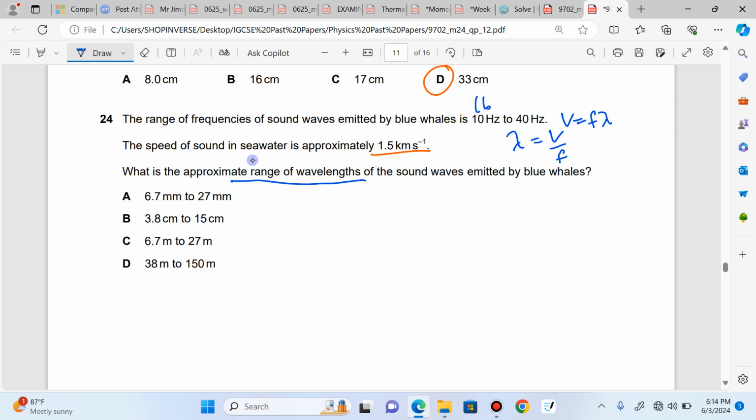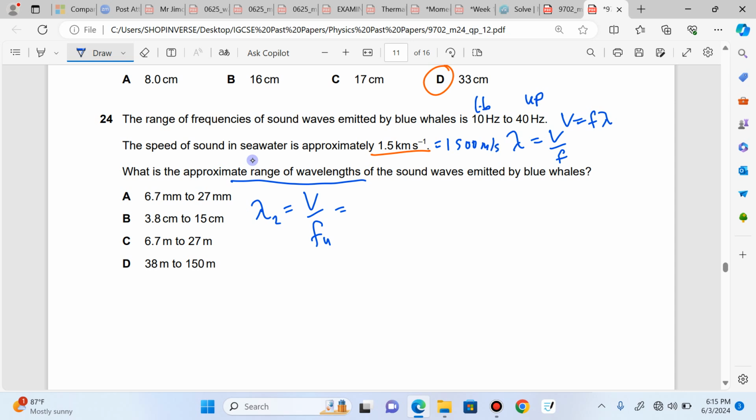This is the lower bound of frequency. This is the upper bound of frequency that is emitted by blue whales. So wavelength lambda 2 equals V over F upper bound. So the speed is 1.5 kilometers per second divided by frequency. Of course, 1.5 kilometers per second simply means 1,500 meters per second.